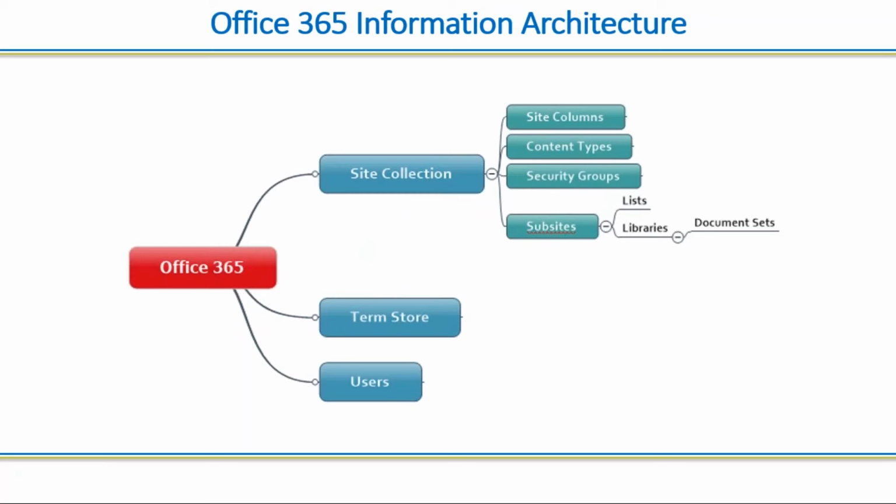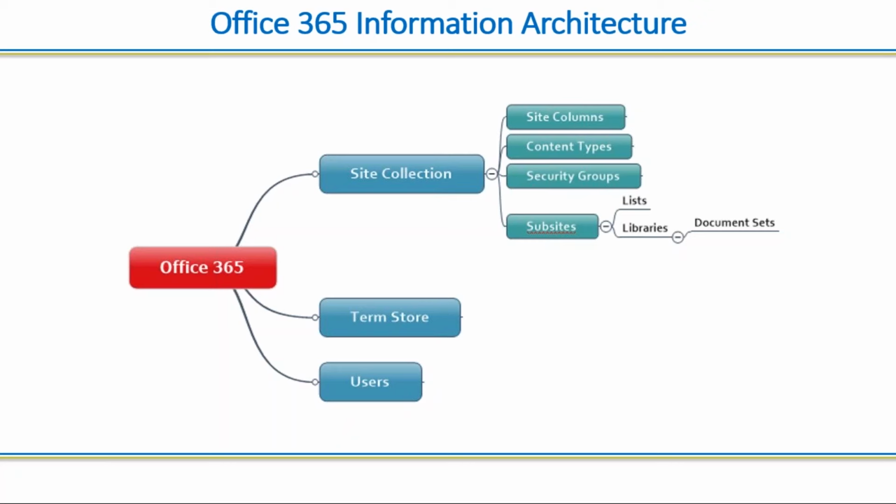So let's have a look at information architecture in Office 365. What does that look like? This is a very simplistic view, but what I've tried to do is just capture at a very high level what that structure appears like. And at the top, we've got site collections. So a site collection is, as its name implies, a collection of SharePoint sites.